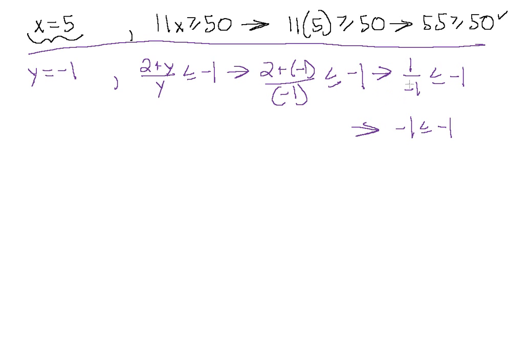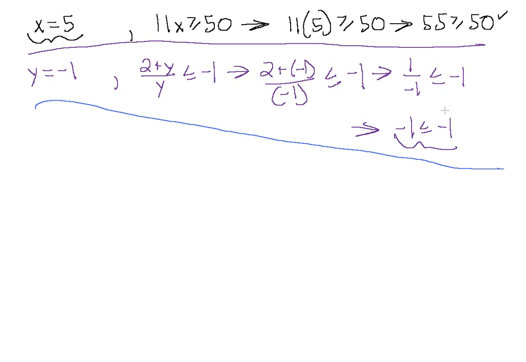Here we actually have the number -1, which can be written as 1 divided by -1. So don't get this confused with dividing both sides of the inequality by a negative number. We don't flip the inequality sign here. Even though it wouldn't matter here, because even if it was greater than or equal to, -1 is still equal to -1, I just don't want you to get confused over that.